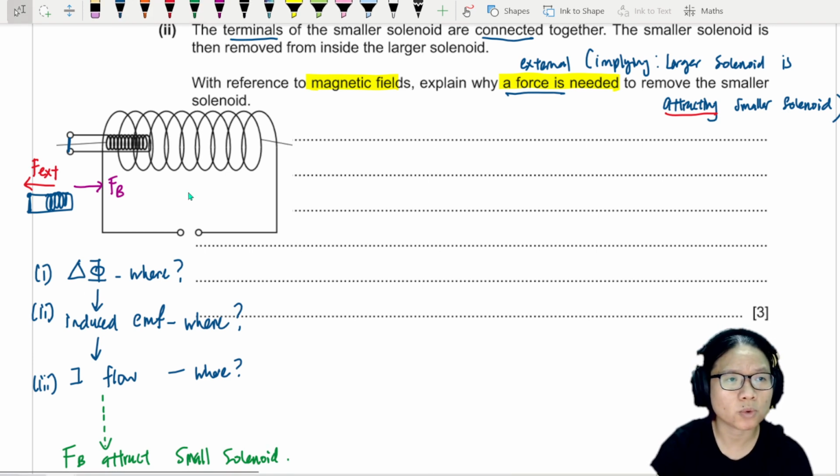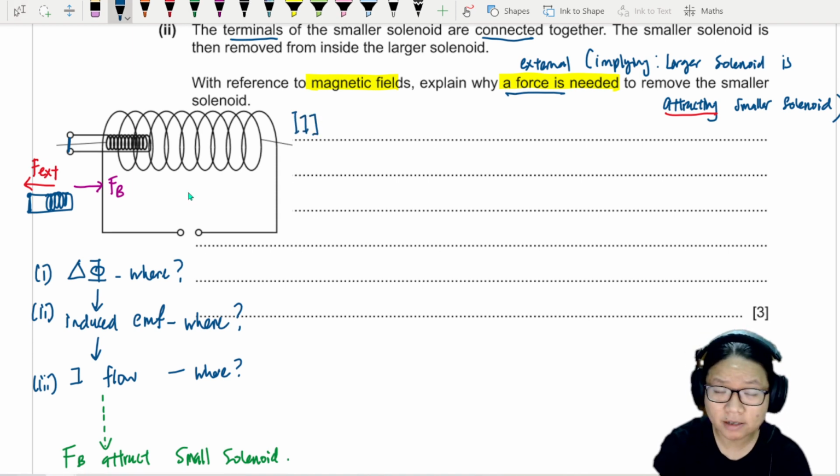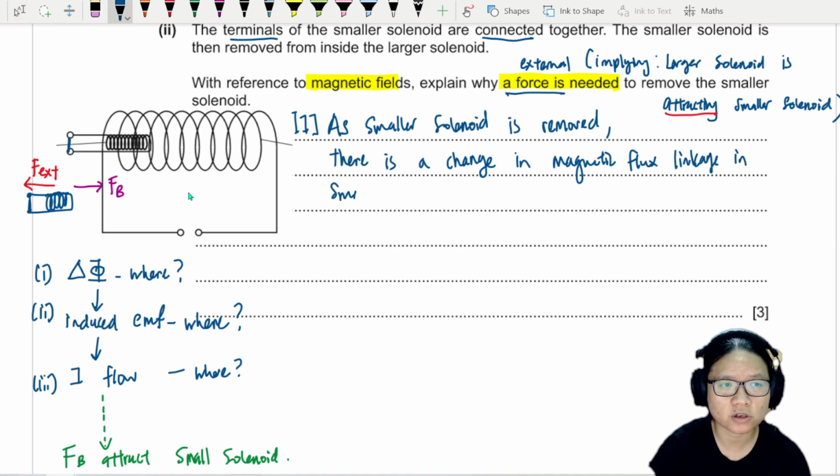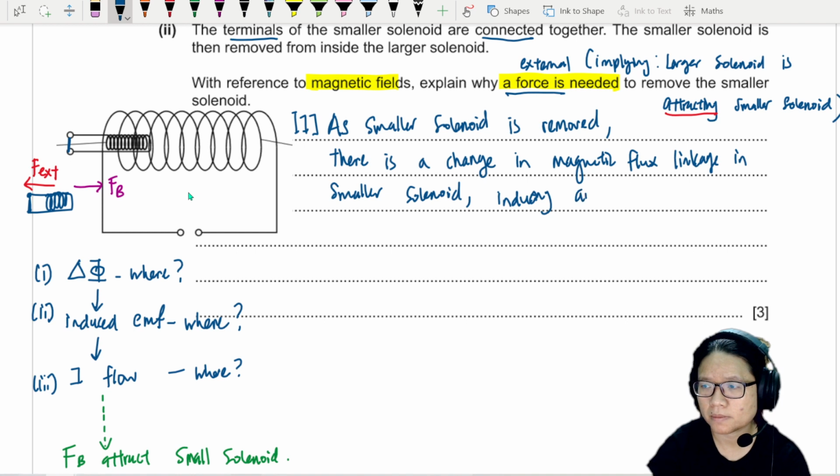So number one, I can say that there is a change in magnetic flux. Identify the source of the change. As the smaller solenoid is removed, there is a change in magnetic flux linkage in the smaller solenoid, inducing an EMF.